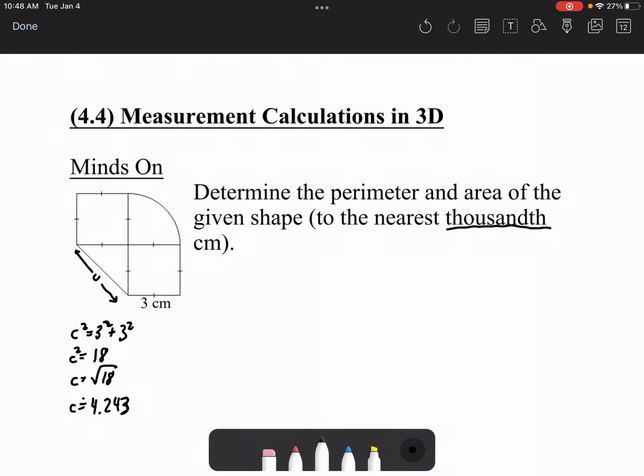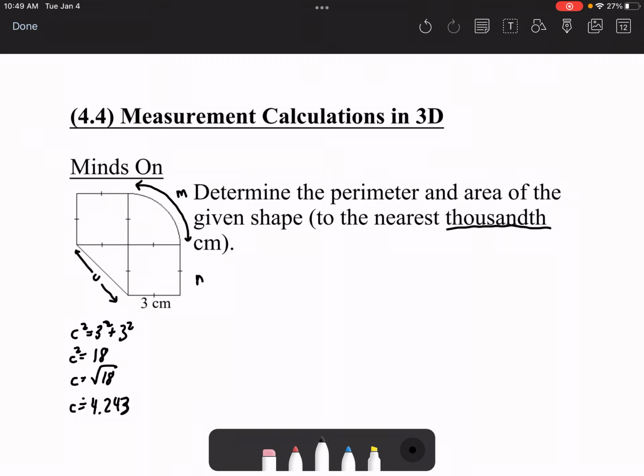I also need this piece right here, which I'm going to call M. That's 1/4 of the circumference of a circle.